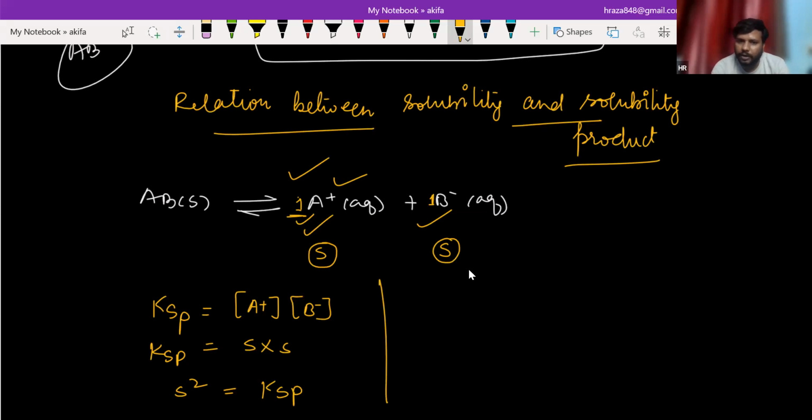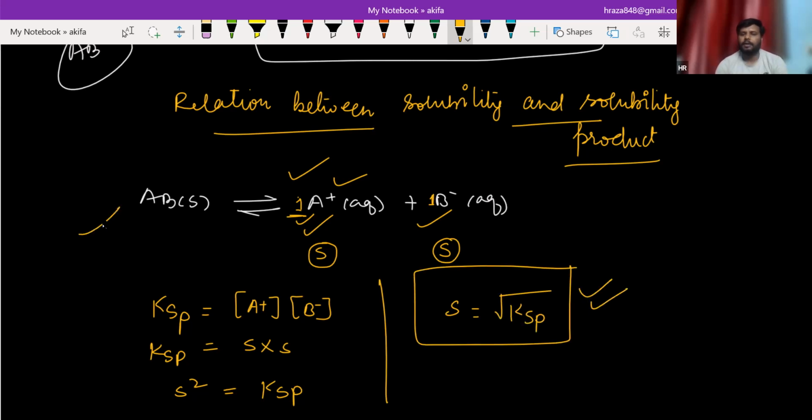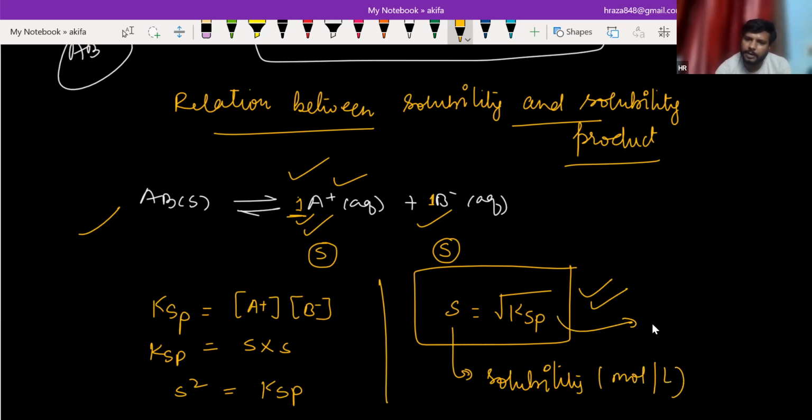So here S will be equal to the square root of KSP. This S represents solubility, defined in terms of moles per liter, and KSP is the solubility product.